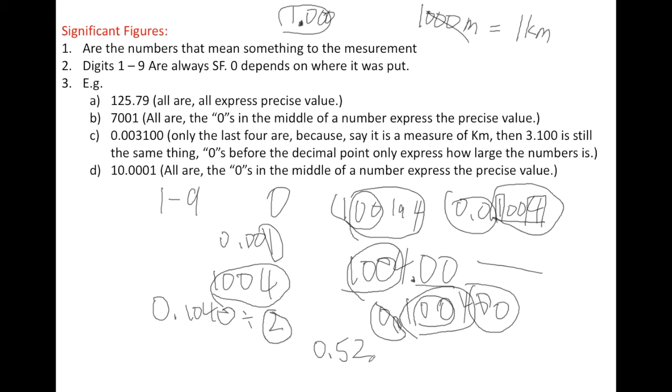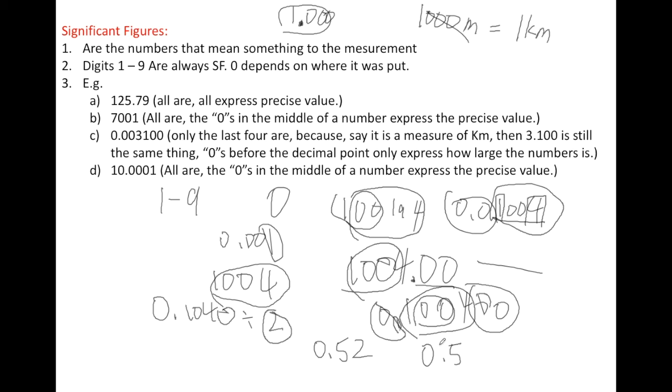The lag is real. So that's 2 significant figures. Only one is needed. And in this case, we can approximate and just go 0.5. So now we have one significant figure.